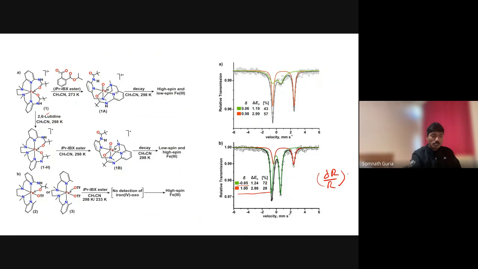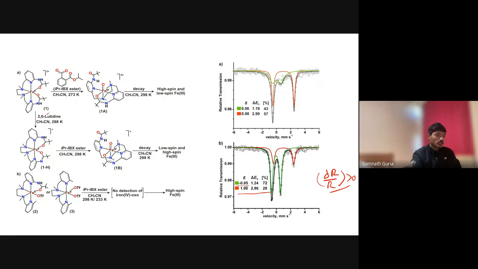So that's why this is negative, this is less than 0. So if there is less electron density at the d orbital, the s orbital contribution at the nucleus will be high, and the psi 0 square value will be high, and then we'll get the delta value more negative.